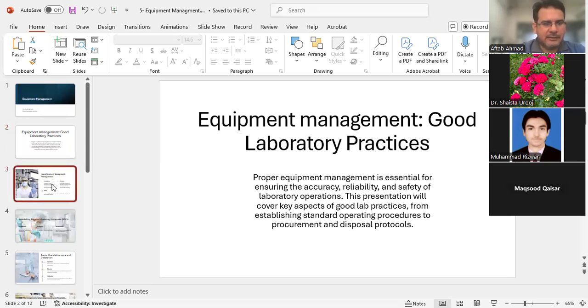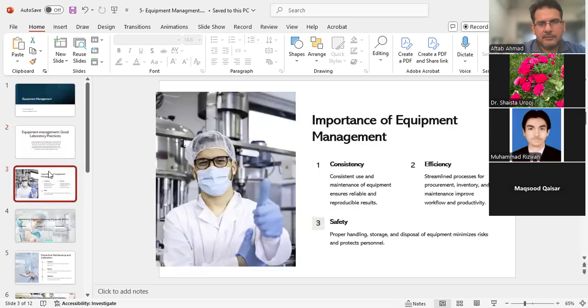So let's start with the importance of equipment management. Why is it so important that we manage our equipment?